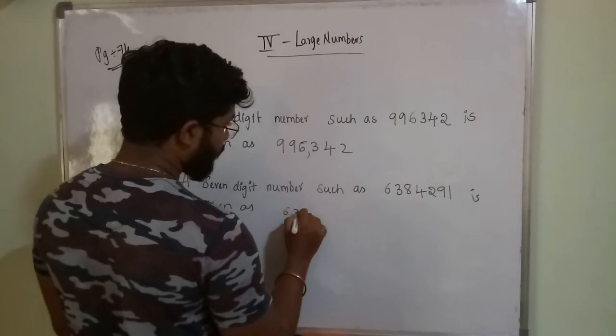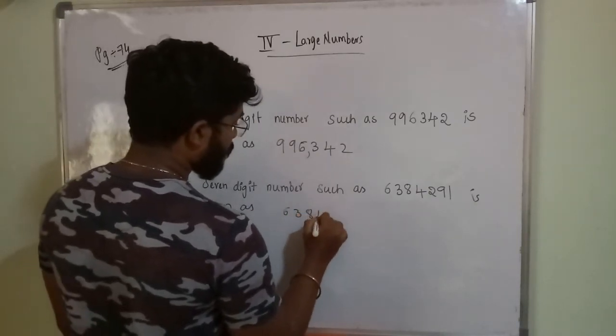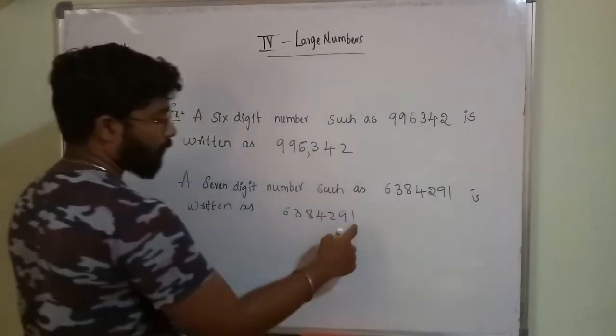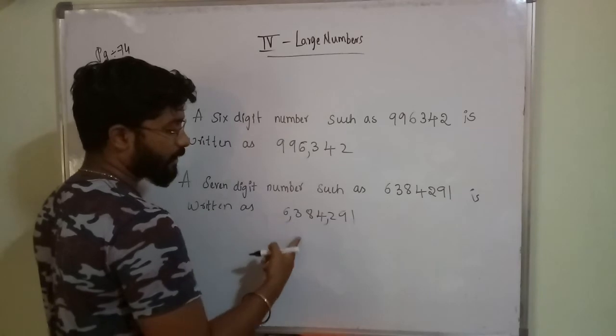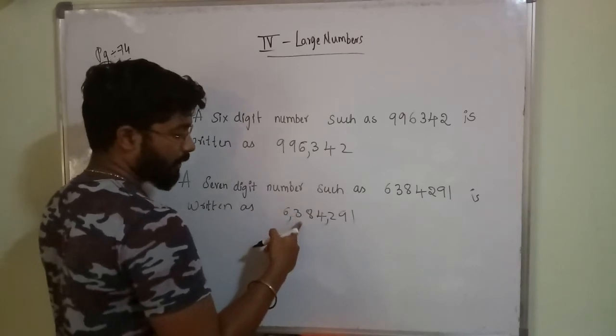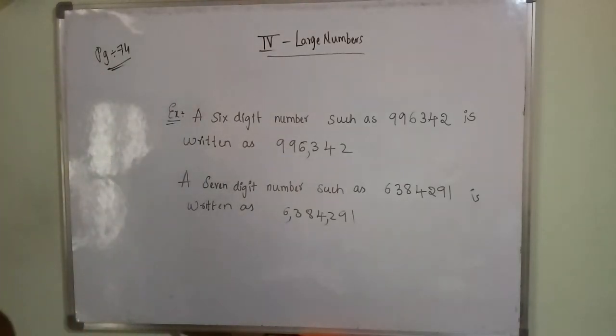So 6384, sorry, 291. After 3 digits put 1 comma, after 3 digits put 1 comma. So 6,384,291. This is the number.